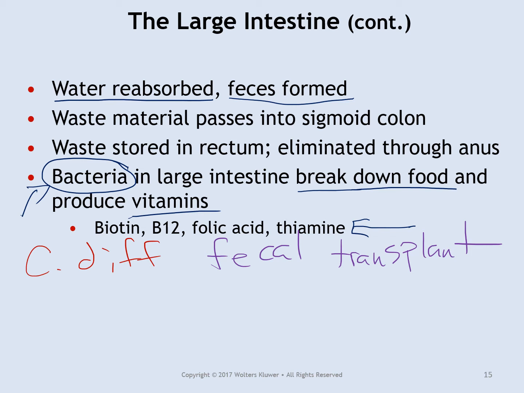So this is an incredible technique, taking bacteria from a healthy person and putting it into a sick person. There's some evidence that this may help with things like celiac disease or Crohn's disease. Fecal transplants tend to alleviate the symptoms of those. Even stuff like ulcerative colitis.